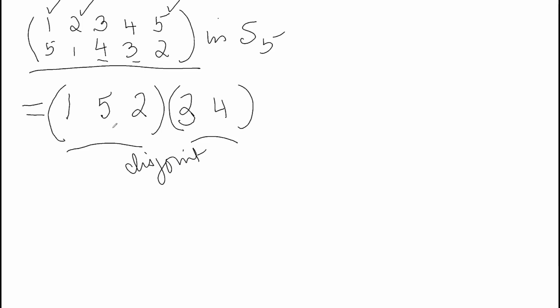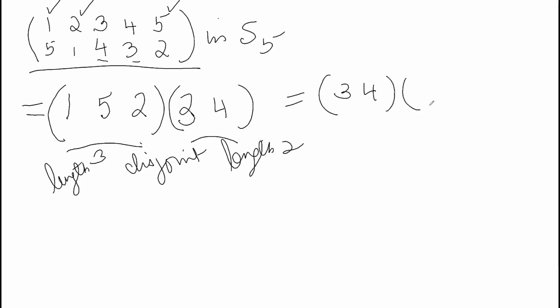This and this, they don't have any symbols in common. And you can see that the length of this cycle is 3 and the length of this cycle is 2. At the same time, notice that if we have disjoint cycles, then they commute, and that is true in general.